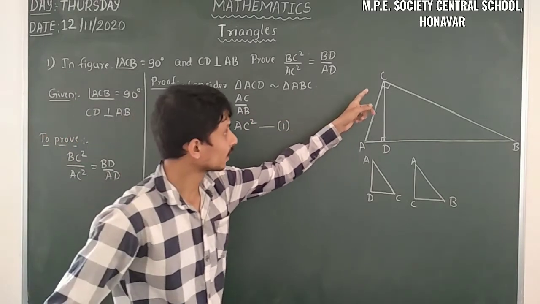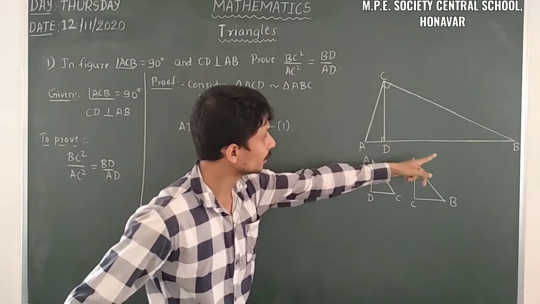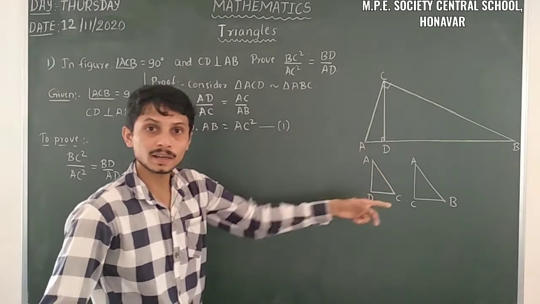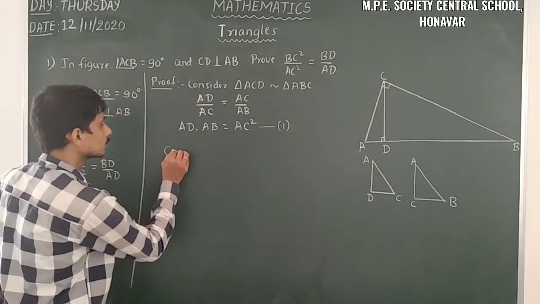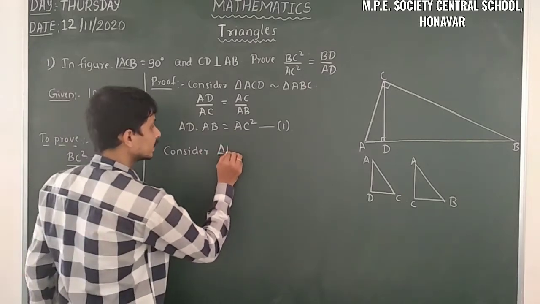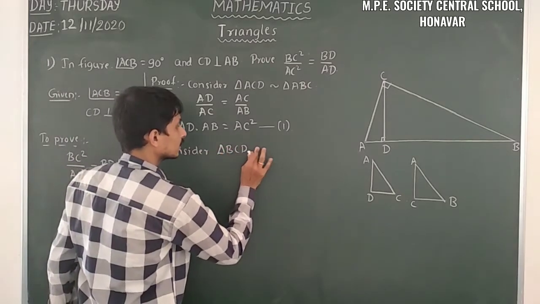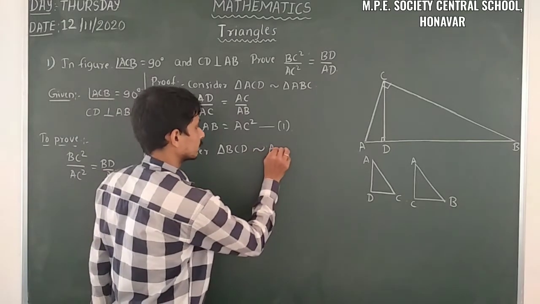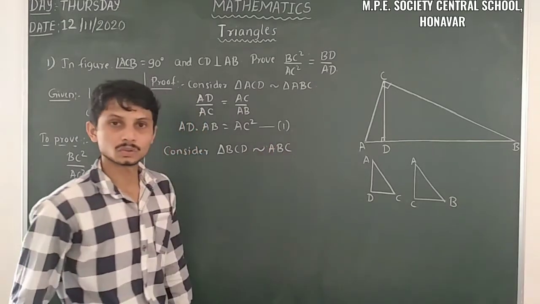That is triangle CDB or BCD, triangle BCD and the complete triangle ABC. Consider triangle BCD is similar to triangle ABC. So we took that one.